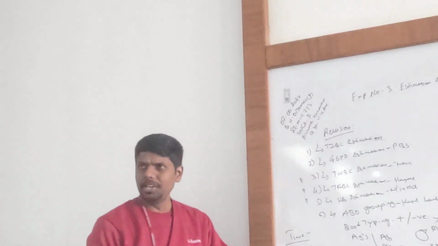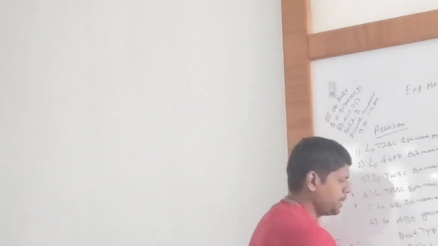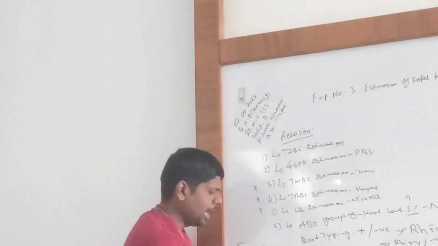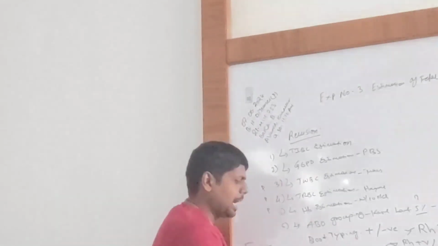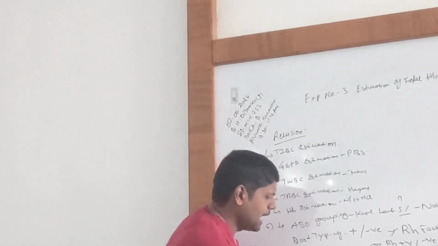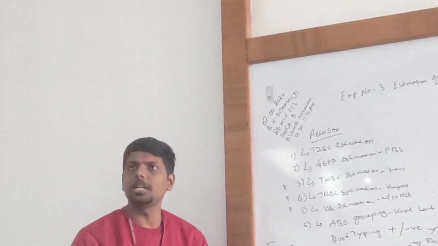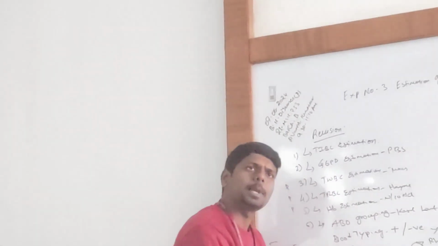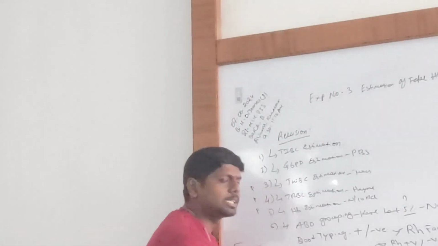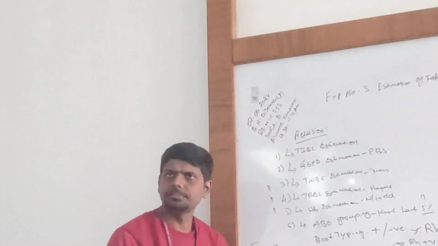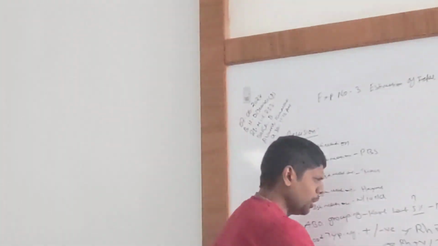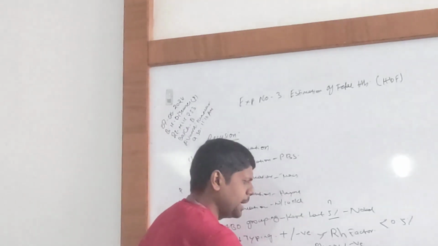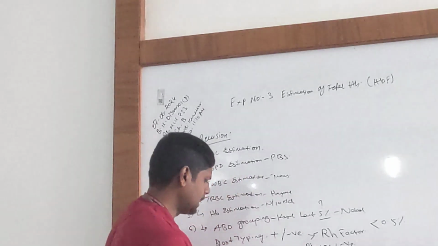In A group individuals, the antibodies are B. B antibodies are present in A group individuals, whereas in B group individuals, the antibodies are A. Is it clear? Then in AB group, what antibodies are present? No antibodies are present. Zero. Null. Then in O group, what antibodies are present? Both A antibodies and B antibodies are present here.